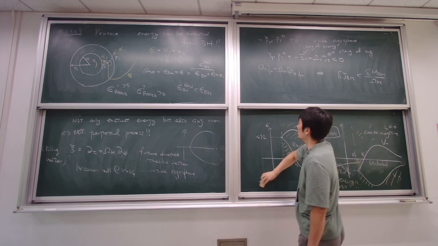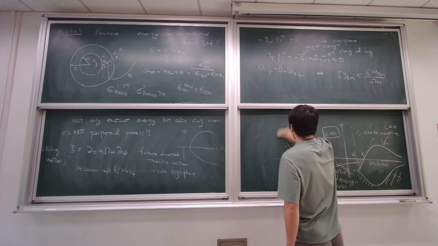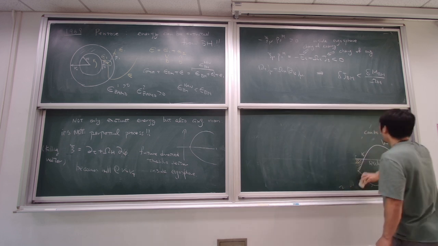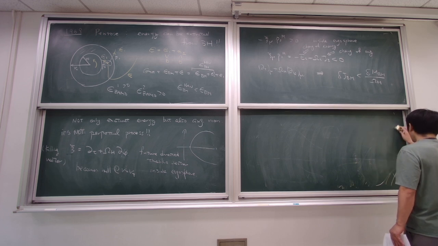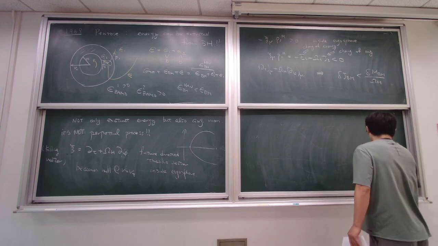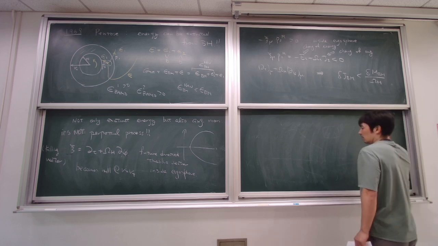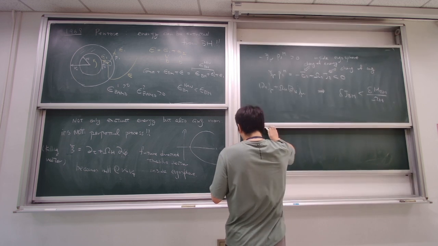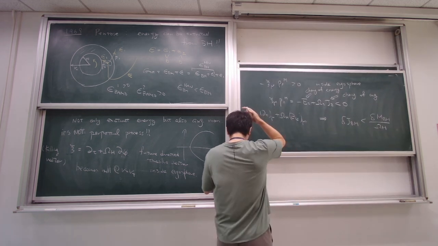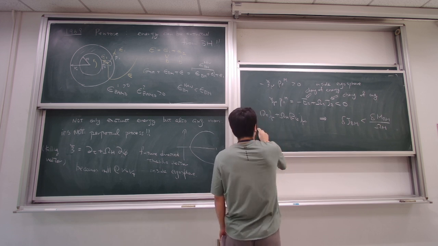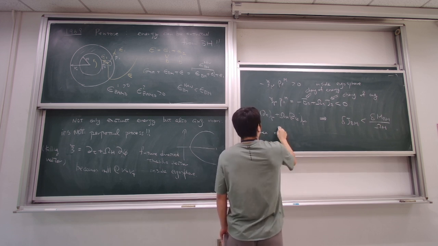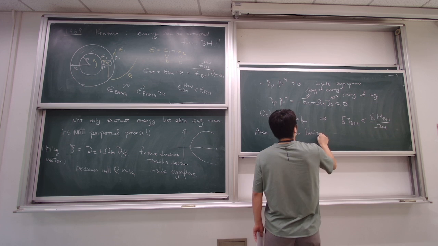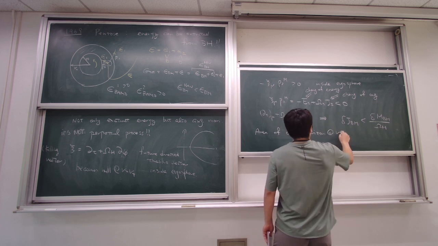To see the consequence of this change, although it's ad hoc, let us consider the so-called area of the outer horizon, at r equal to r plus.